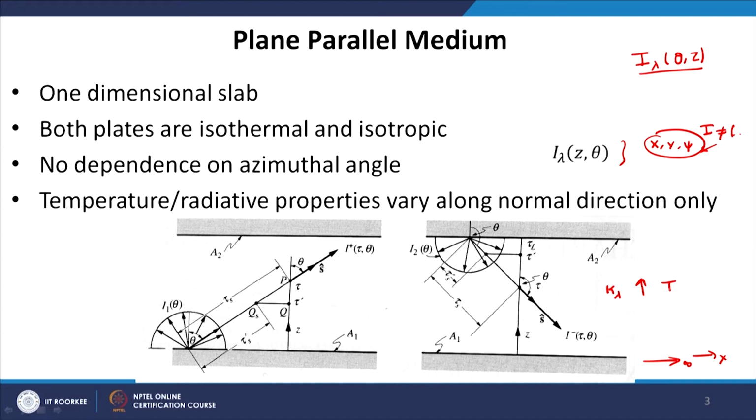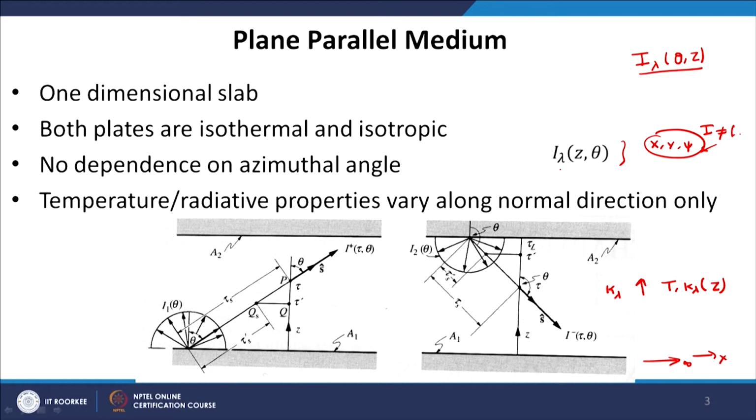So, temperature as well as kappa lambda, that is absorption coefficient, is a function of z only. Okay. So, it is a plane parallel medium, there is no dependence on x coordinate. And under this assumption, the intensity is going to be a function of z and theta only.